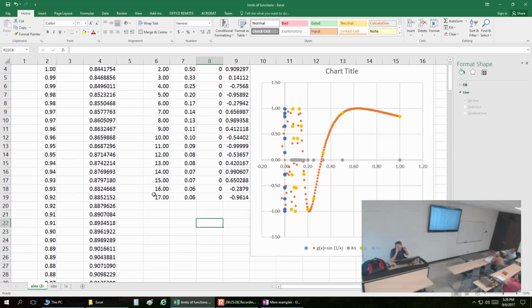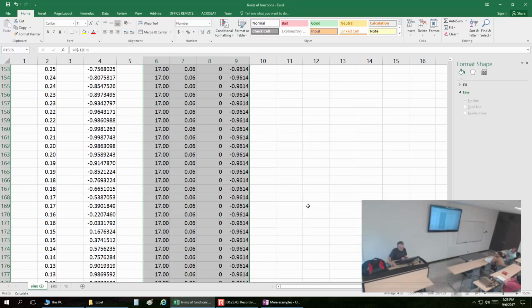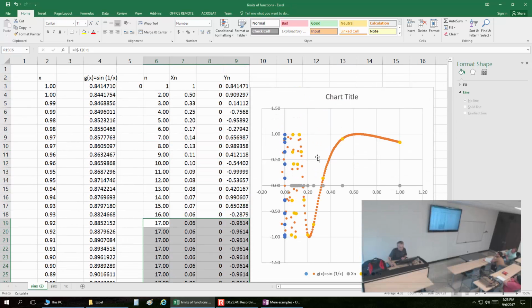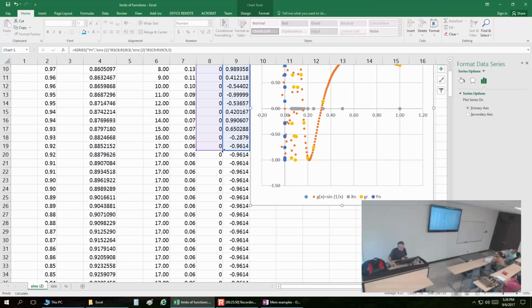It does look kind of random. If you look at the blue points, they are kind of random, spread out, but it's really not. I think we can do better than that in order to illustrate what's happening better. So I'm going to just add more data here. These are the y's.